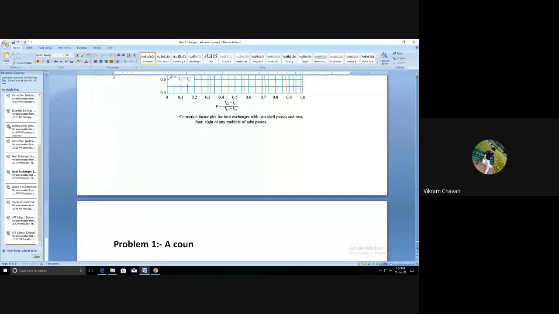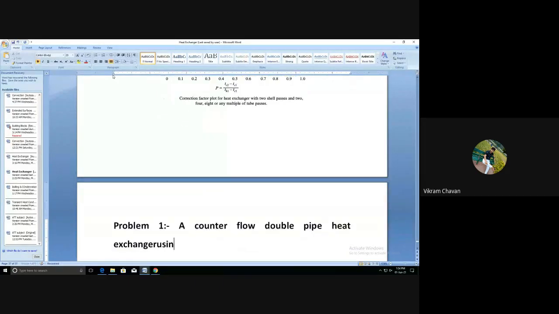A counter flow double pipe heat exchanger using hot water at the rate of 10,500 kg per hour.